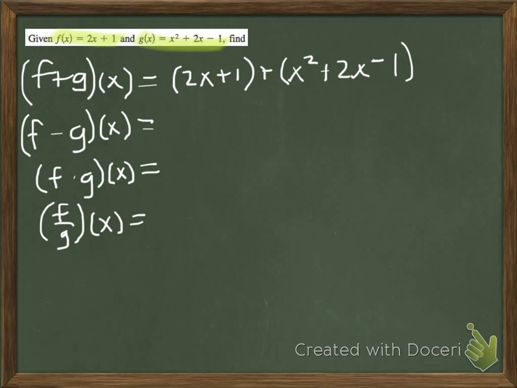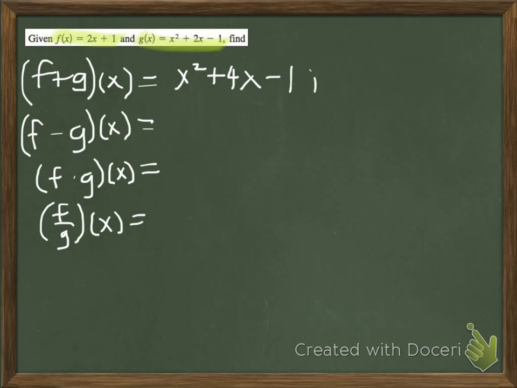And so adding those two, we're going to end up with x squared plus 4x minus 1. In this case, I'm just going to list the domain. The domain for that is all real numbers.